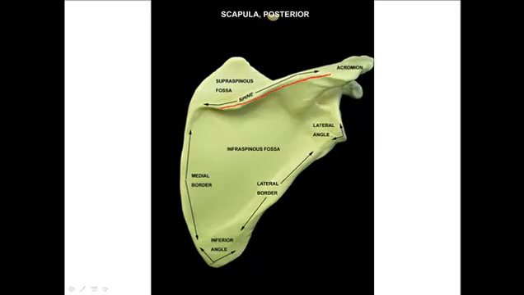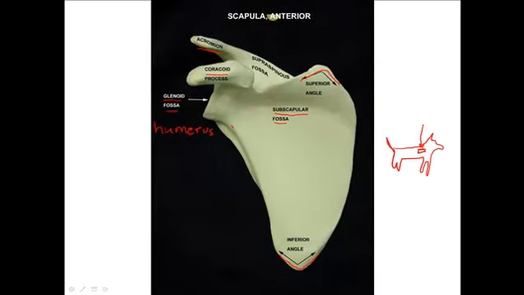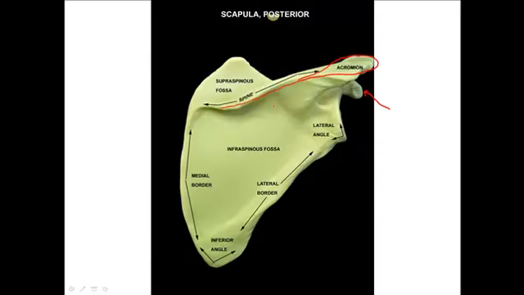And it goes right into the acromial process. So if you can remember that the spine runs into the acromion, then you're going to be fine. This is the coracoid here. The coracoid. From the posterior view, very simple. So the acromial usually is more superior than the coracoid.